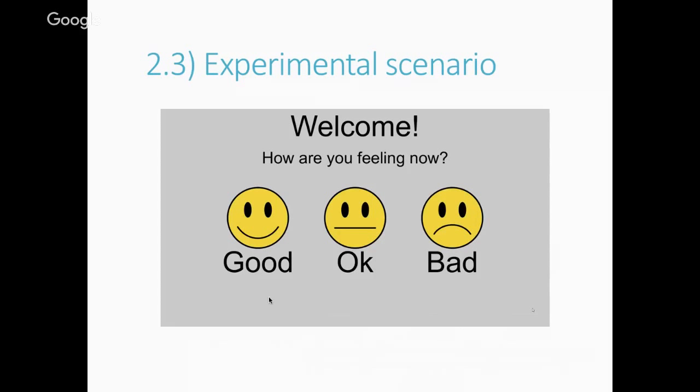To explain a bit more, I will run the experiment, which starts with a short question considering participants' mood, the current state. How are you feeling? Good, okay, or bad? And then the first image will show the target color and target category. During the presentation, the participant has to distinguish the color first and then the category in reference to the target.